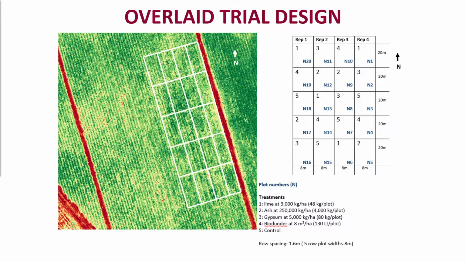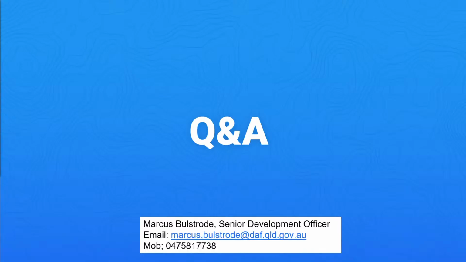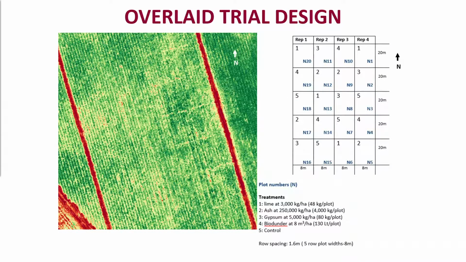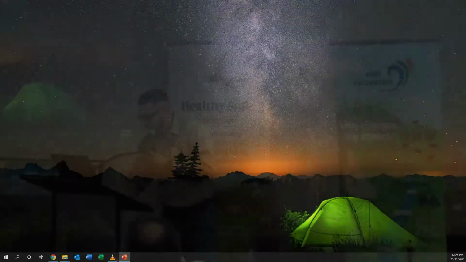Okay, so just one last question. Would all the blocks need either lime or gypsum, or only those blocks that I saw? Did you do a soil test for each of the blocks, or for the whole thing, and then split it into lots? We have indeed soil sampled each little plot, but they all are within, well, to go back to that photo, it'll be a bit of an effort.